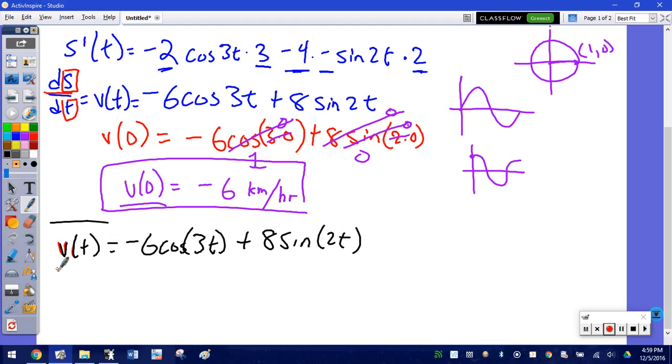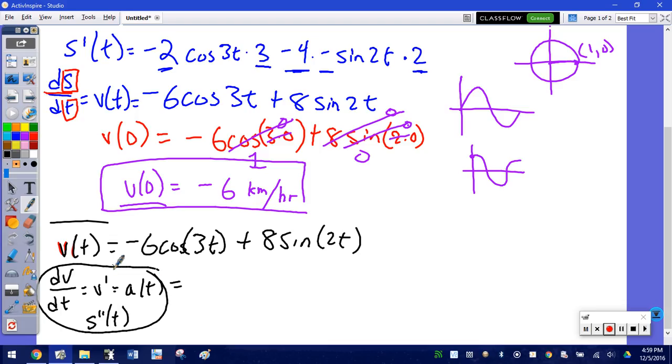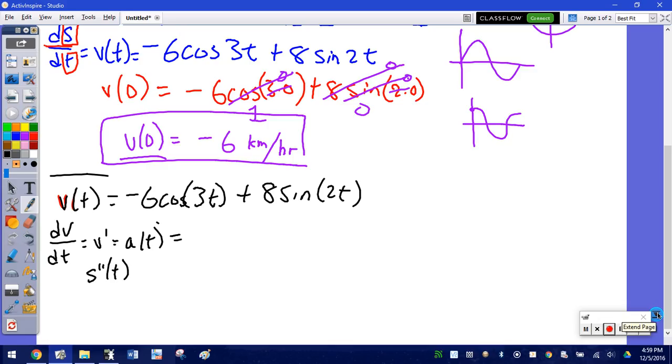So dv dt, one could say, or v prime, or acceleration as a function of time is the second derivative, right? So this would be s double prime of t. All of this represents the exact same idea: how fast is the velocity changing? Velocity is already a change, so there are 2 levels of change there.